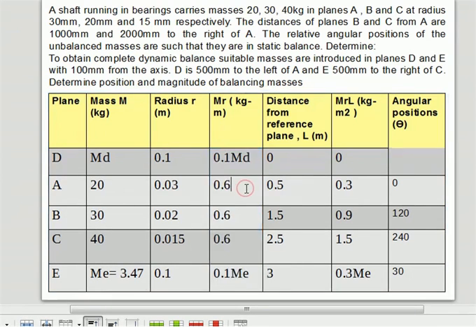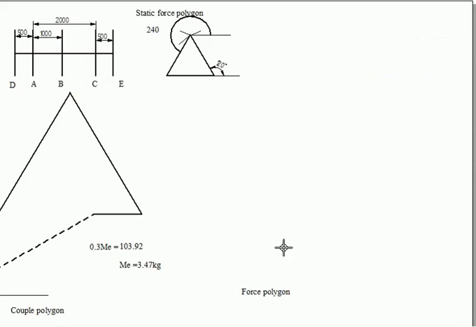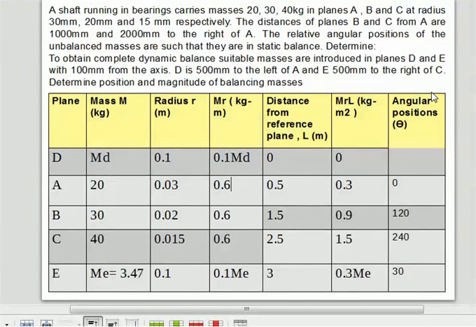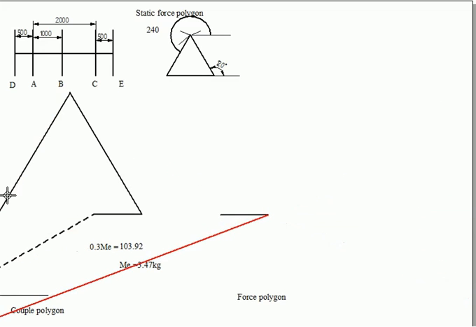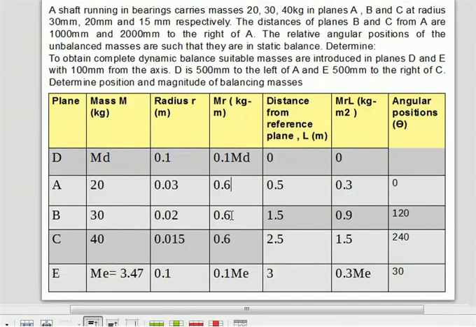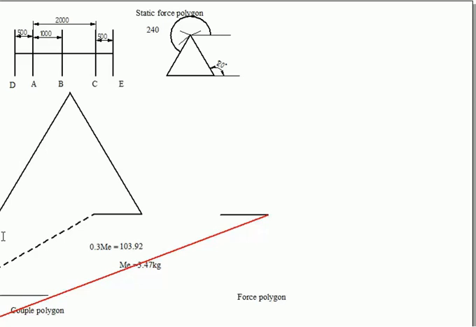Length of the first line will be 0.6, inclined at 0 degree. Length of second line, it is 0.6 again, inclined at 120 degree.